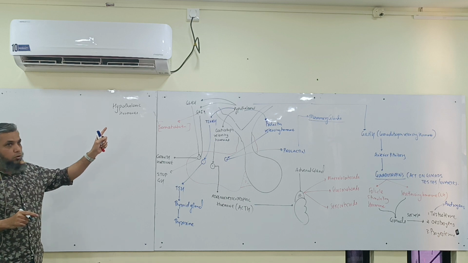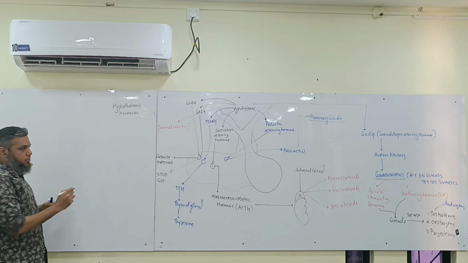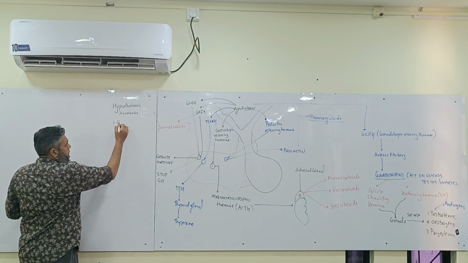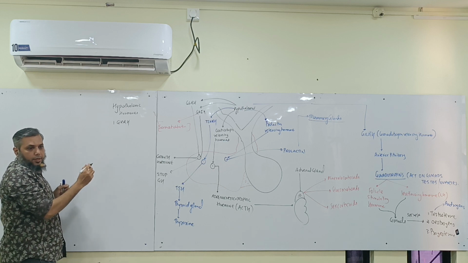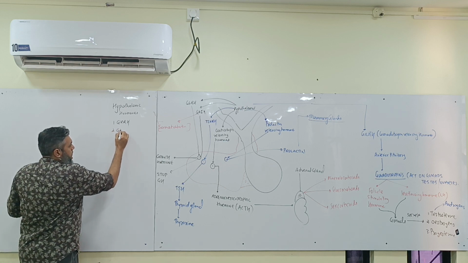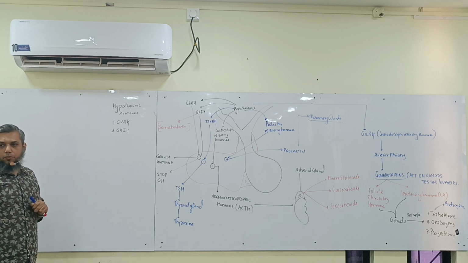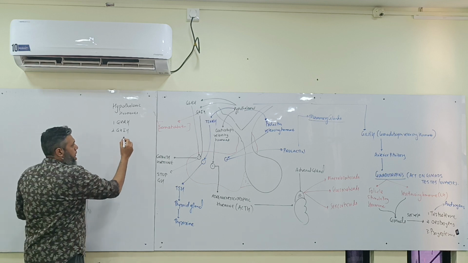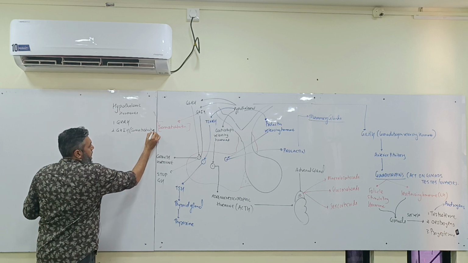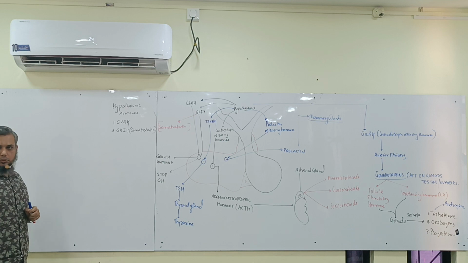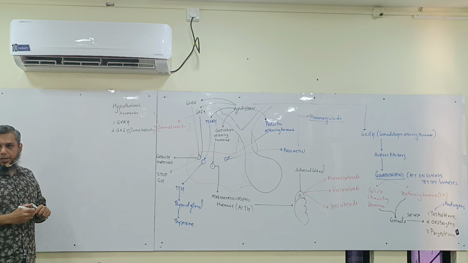So one by one, we have got GHRH and GHIH. ये पहला ग्रुप हो गया. Growth hormone releasing hormone, and the second is growth hormone inhibitory hormone. And what is the name of growth hormone inhibitory hormone? Somatostatin. It is called somatostatin. Okay? Clear everyone?